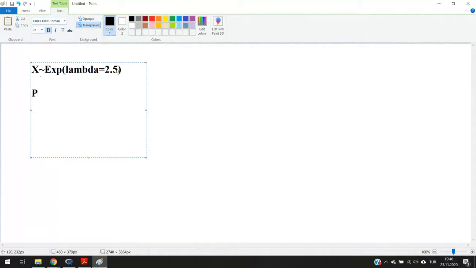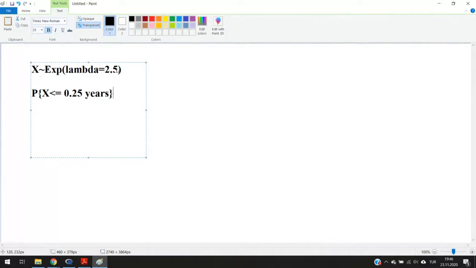And the question is asking what is the probability of x to be less than or equal to, so maybe I can write the less than or equal to sign like this, 3 months, and 3 months makes 0.25 years. Okay, 0.25 years.